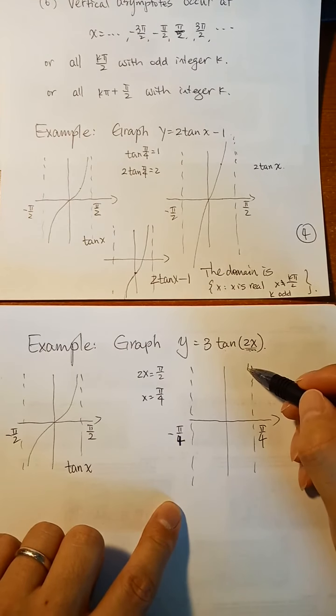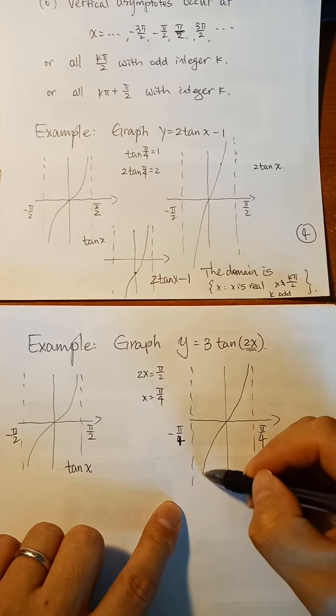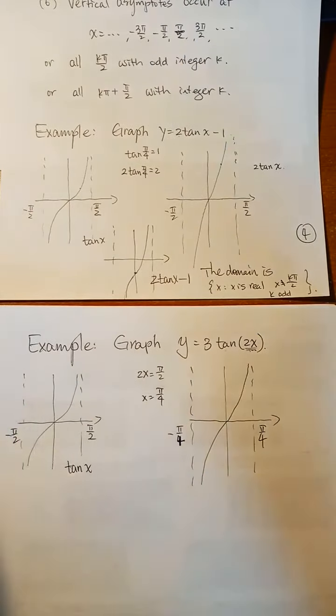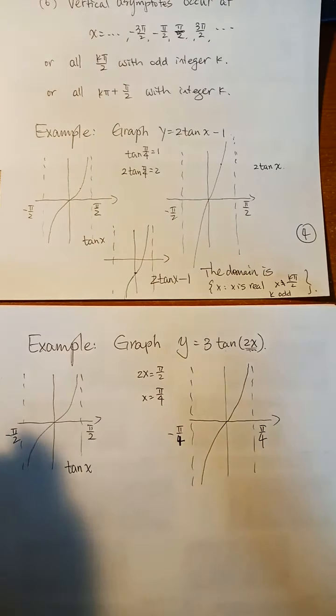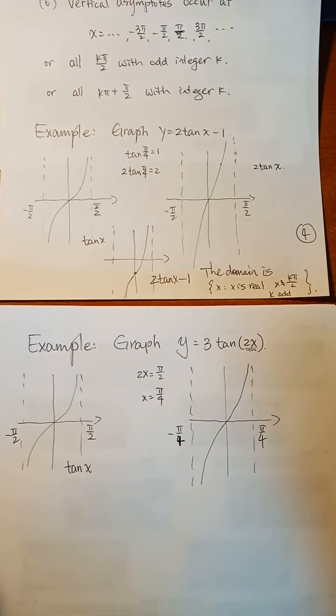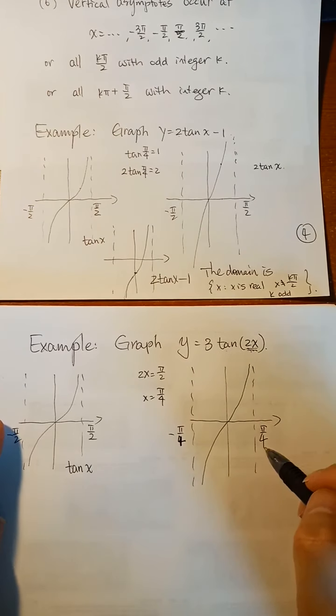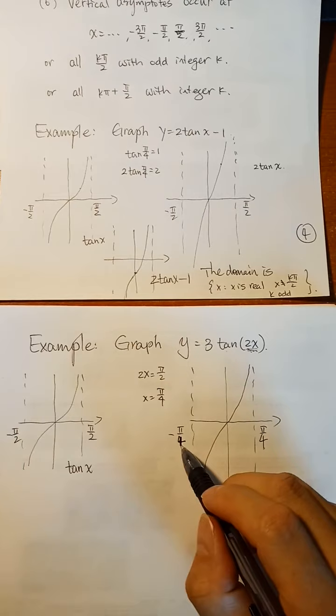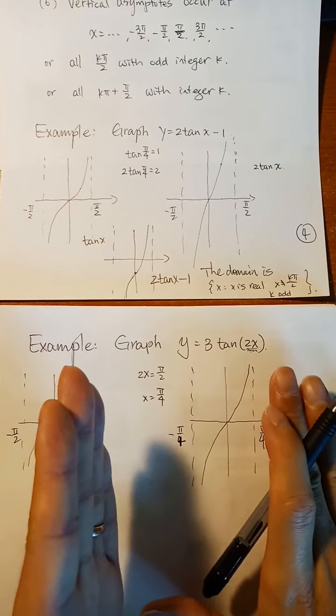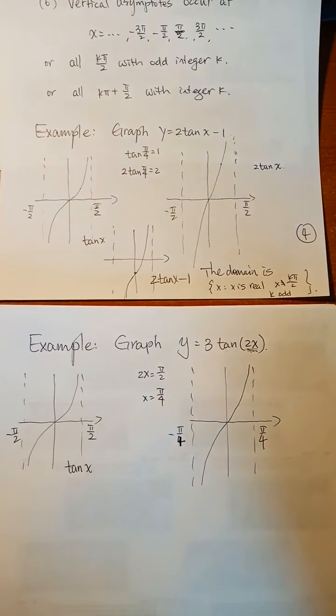Okay, and the graph has the same shape. Just compress it. So this is the way to find the left and the right bounds for this one period.